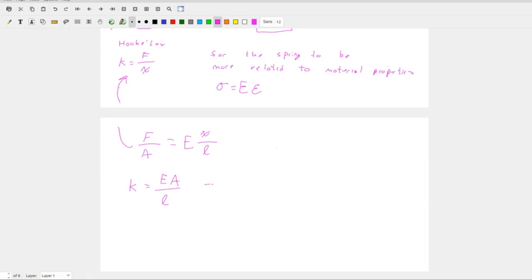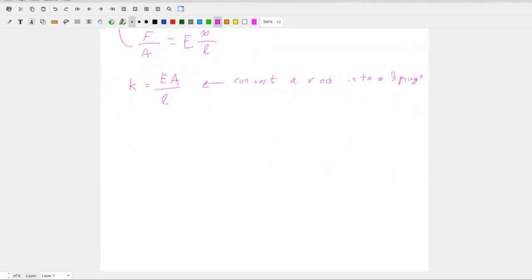So now we can convert a rod into a spring. That makes sense? Any quick questions on that? Pretty simple, easy squeezy. Okay, so let's go ahead then and look at a cantilever beam.